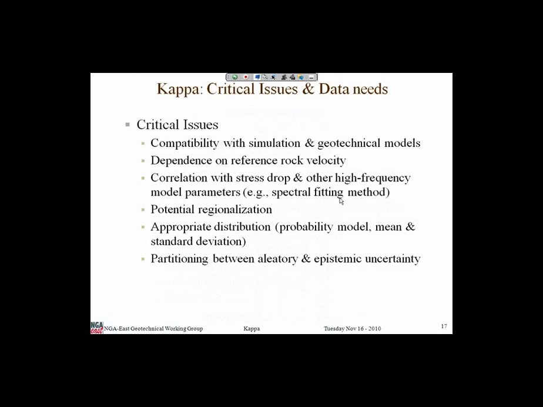There could be this dependence on reference rock velocity, so if we give a range of velocities, we're probably going to have a range of Kappa values that go with that as well. Still, I think we're talking about this 10% difference that Dave Boore said, because the damping is so low anyway that you change it from 0.006 to 0.005, you don't get much effect on it.